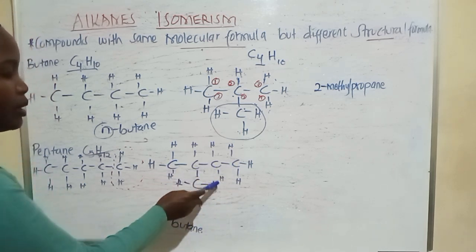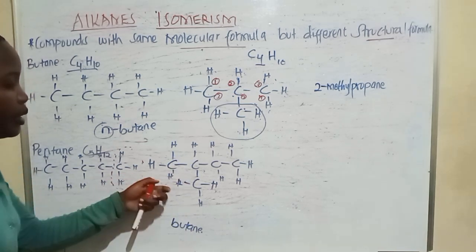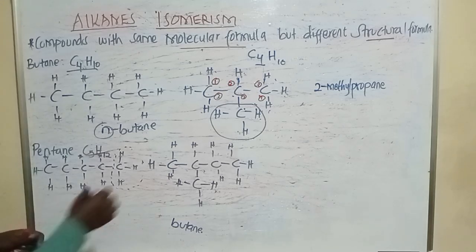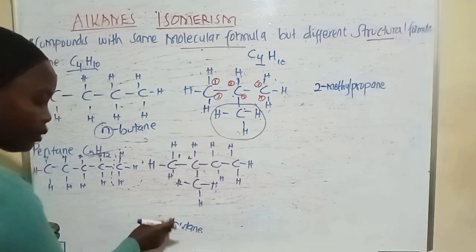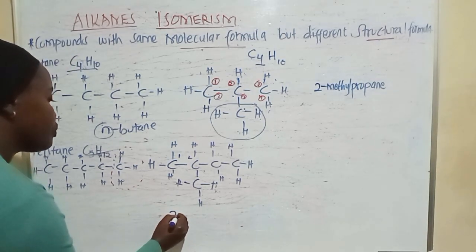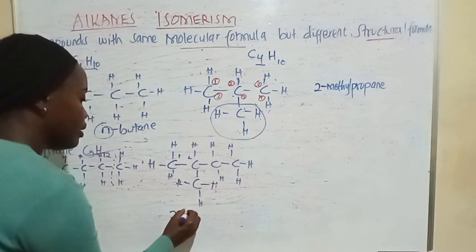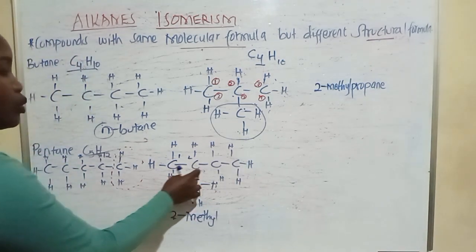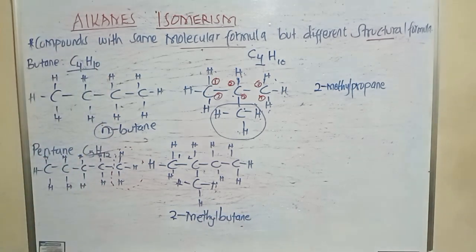If you start from this side, the methyl group is in carbon number 2. So our isomer is going to be 2, then a hyphen, 2-methyl. The parent name was butane, so it is 2-methyl butane. So that is one isomer of pentane.